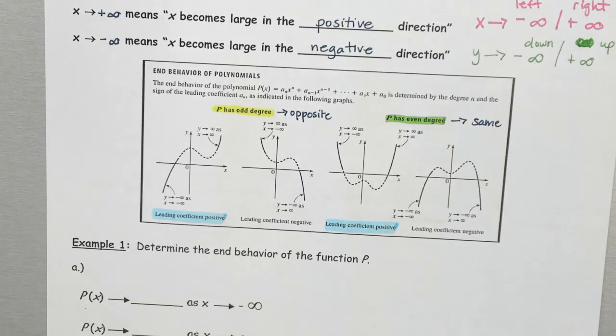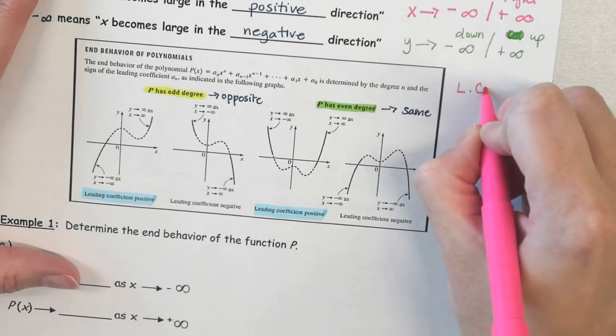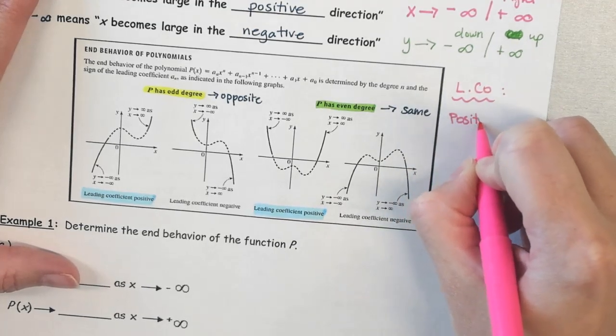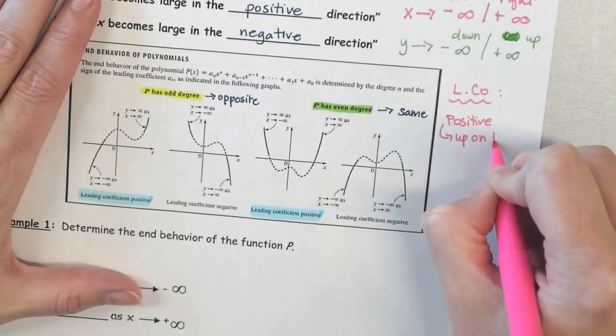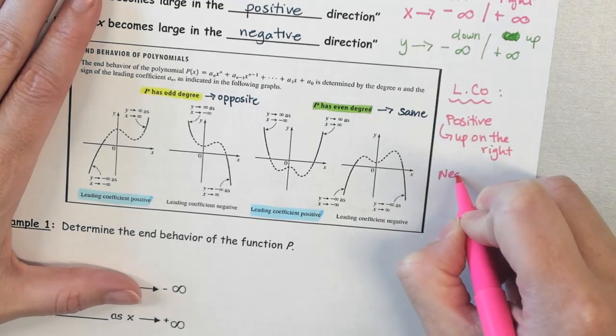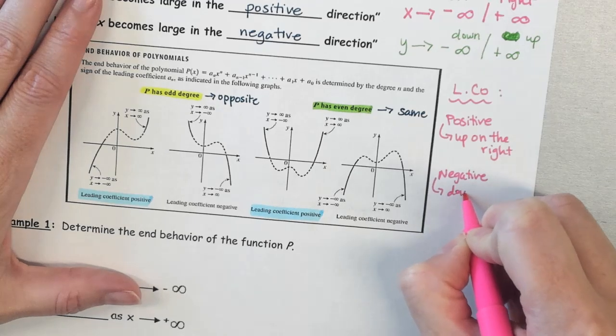Yep, so if the leading coefficient is positive, it goes up on what side of the graph? Yes, the right side. Okay, so the leading coefficient, I just call it the LCO. If it's positive, it goes up on the right. And if it's negative, it goes down on the right. So it's always about the right side.